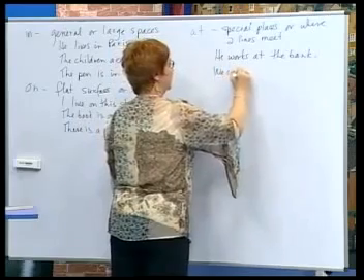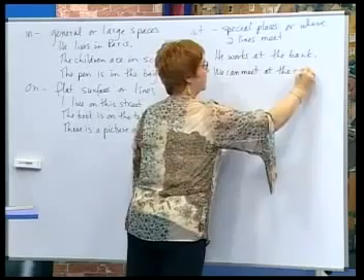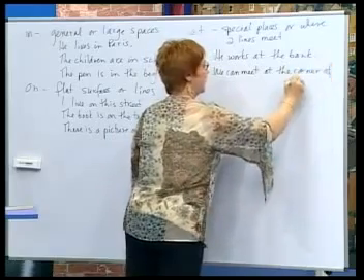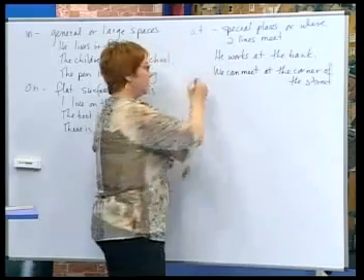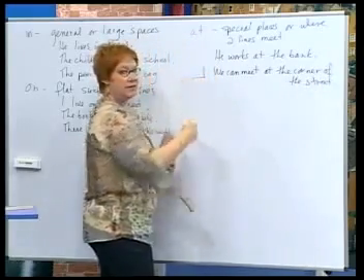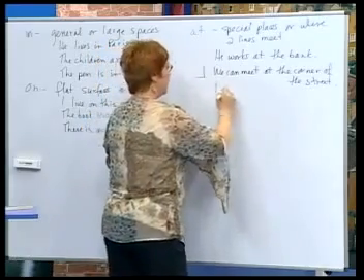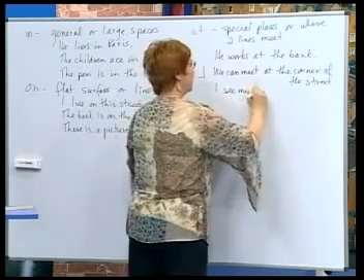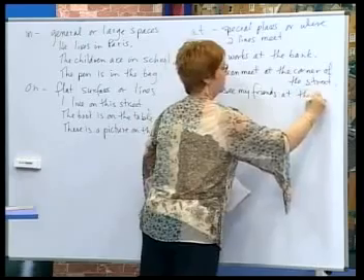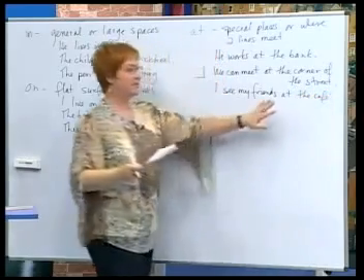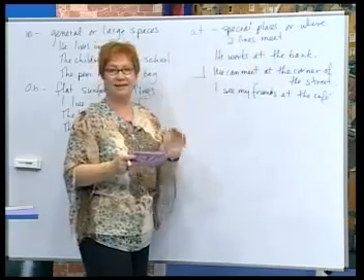We can meet at the corner of the street. Okay? And remember, the corner is where two streets meet. And I see my friends at the cafe. This also is a special place.